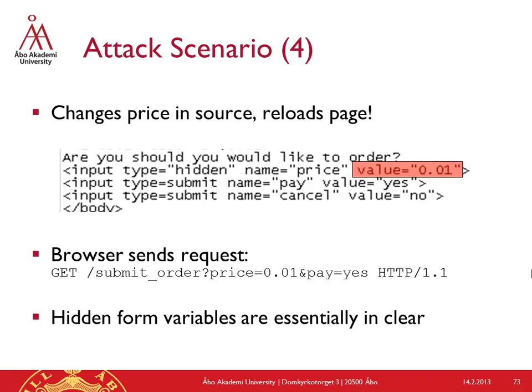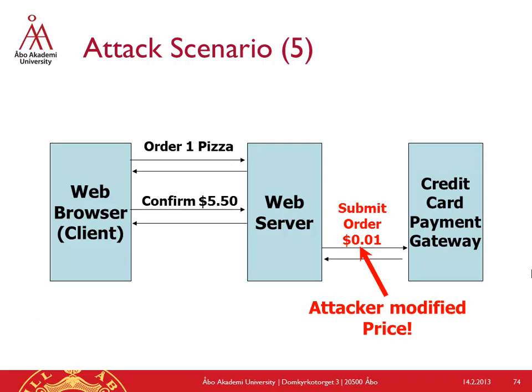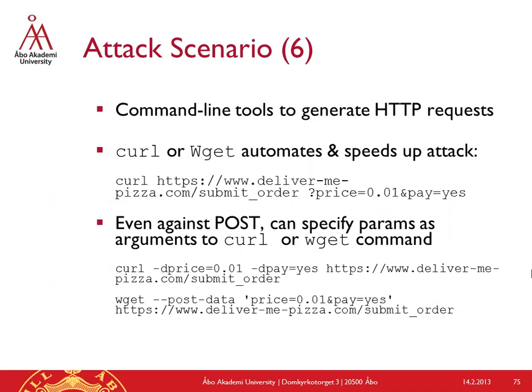The resulting request will be like this. The price will be changed. Quite an affordable discount, right? So hidden form fields, hidden form variables, are not so secure in this case, because the user can see them and manipulate them. The attacker changed the price and received a good discount.